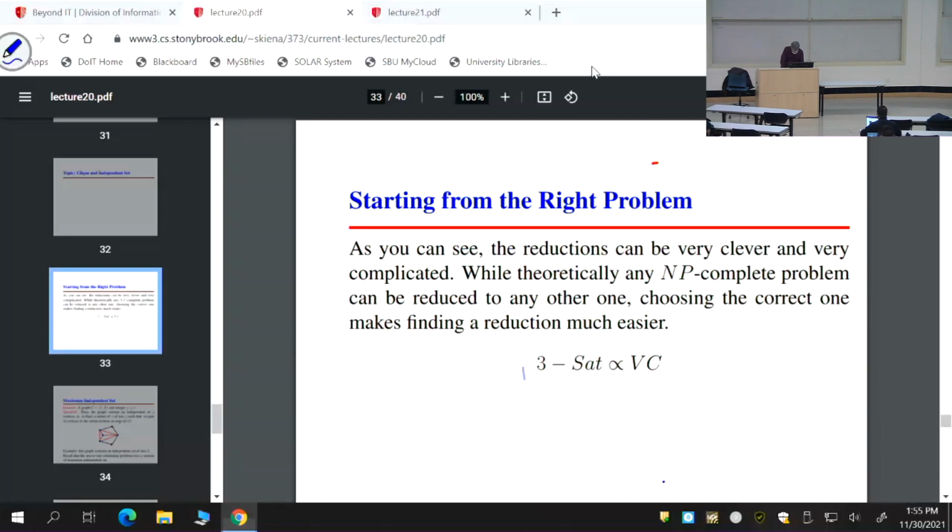The more problems we have proven hard, any one of our hard problems can serve as a Bandersnatch. And the more and more hard problems we have, the easier and easier it will be to prove other problems hard.